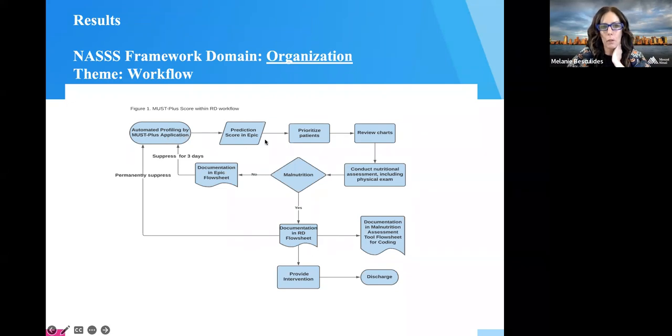the RD workflow. So you see this profiling happens in the background. The prediction score pops up in Epic, which is our electronic health record system that the registered dietitians use. They get that score, which is a range from 0 to 1, and there's a threshold that they're supposed to use at each hospital for which they would go see a patient.